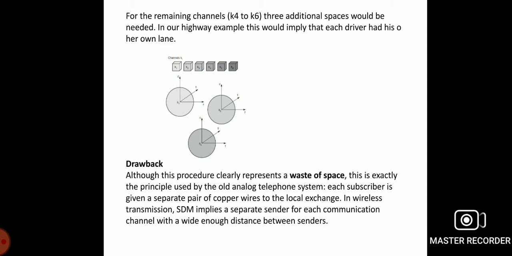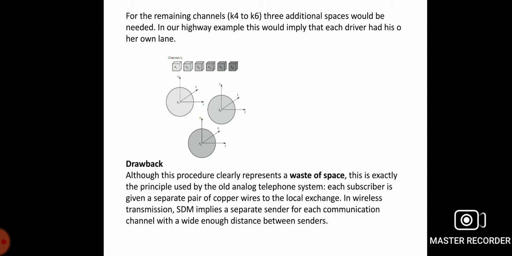For this first type of multiplexing, space division multiplexing, the three-dimensional spaces S1, S2, S3 are shown. Here the space is represented by circles indicating the interference range. For the remaining channels, K4 to K6, three additional spaces would be needed.